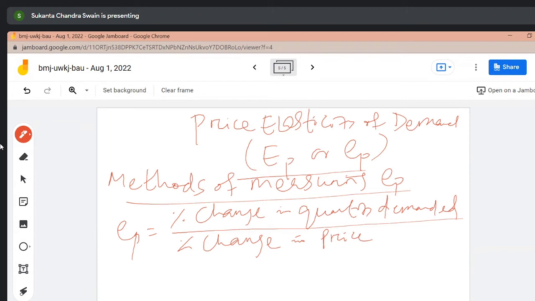EP is equal to percentage change in quantity demanded divided by percentage change in price. You know how to compute the percentage change of anything? That is the change divided by the original into 100.